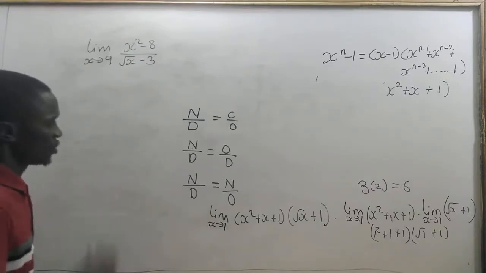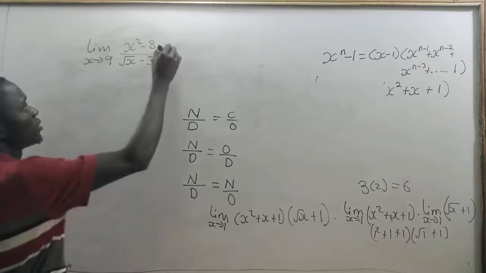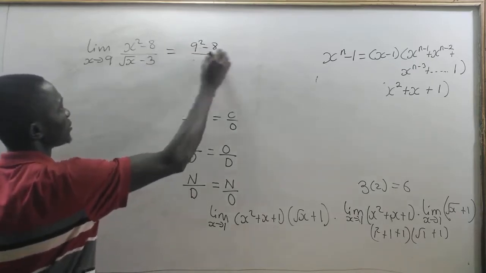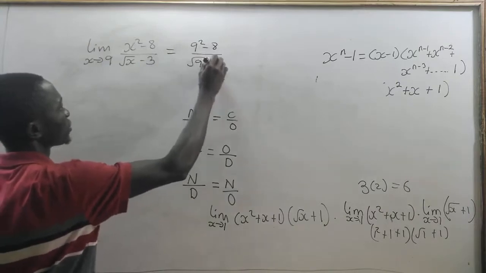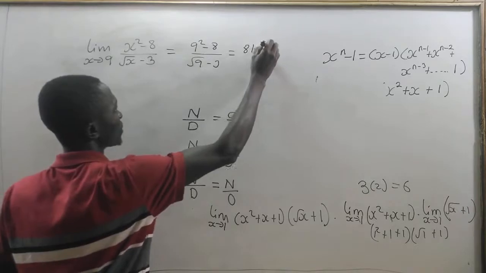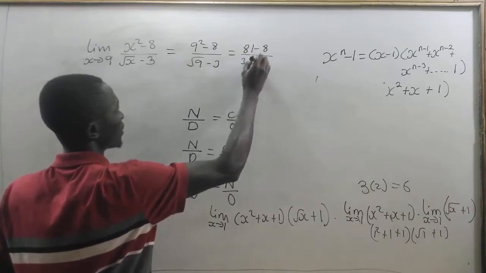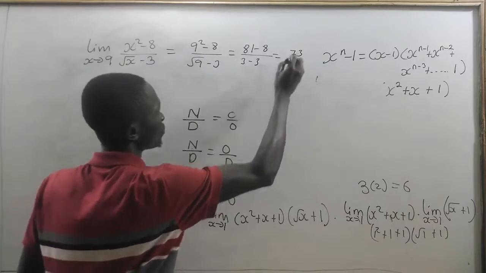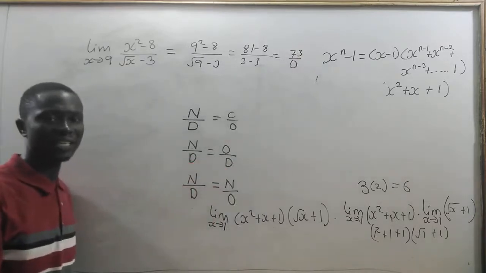Here, upon direct substitution, we are going to get 9 squared minus 8 divided by the square root of 9 minus 3. And that will give us 9 squared is 81, minus 8, divided by 3 minus 3. And that will give us 73 divided by 0, which is undefined.